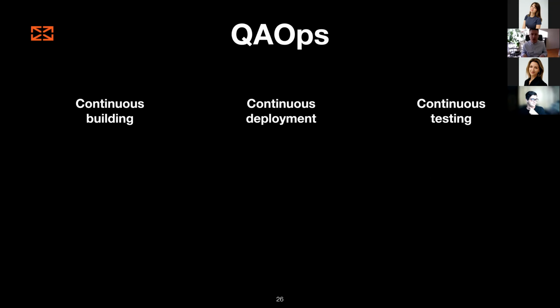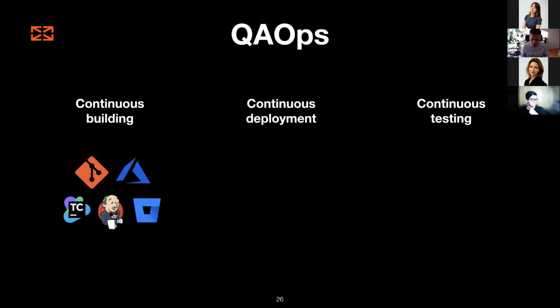In terms of tooling useful for QAOps practices, obviously for building, you should know your CI tool. Probably it's the CI tool that is already used for a product. You would like to know Git as an industry standard and the tool of choice of your company.